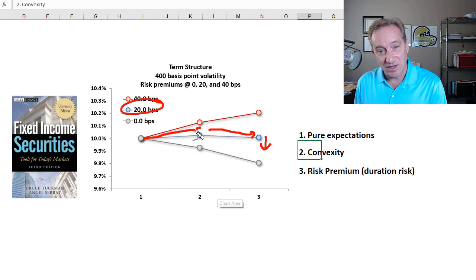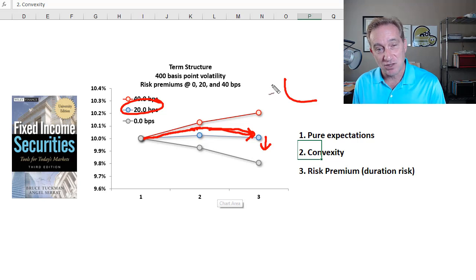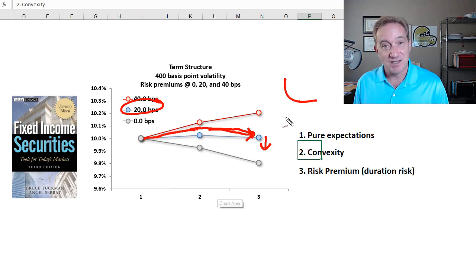But that upward slope that's reacting to the risk premium that is naturally charged by investors for the uncertainty, call it duration risk or volatility if you like, is going to be slowly overcome here by the downward pull of convexity. That convexity, in that relationship between price and yield, is unequivocally a benefit to the bond buyer.